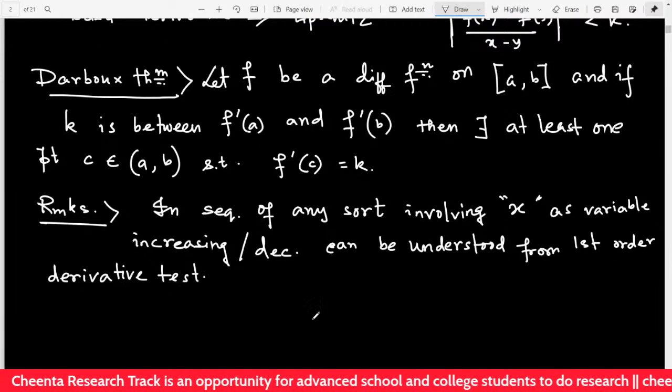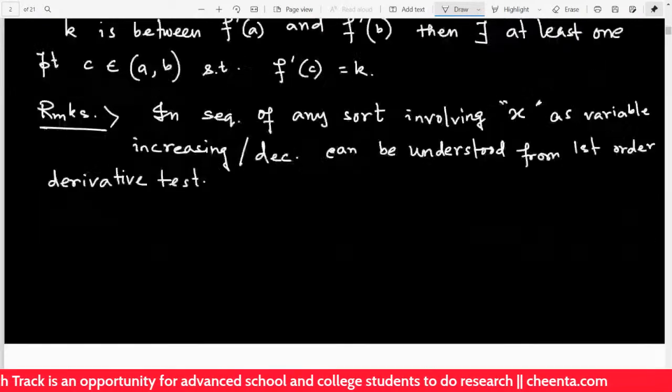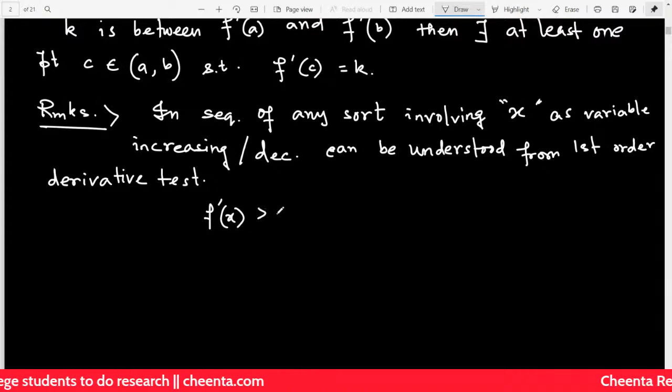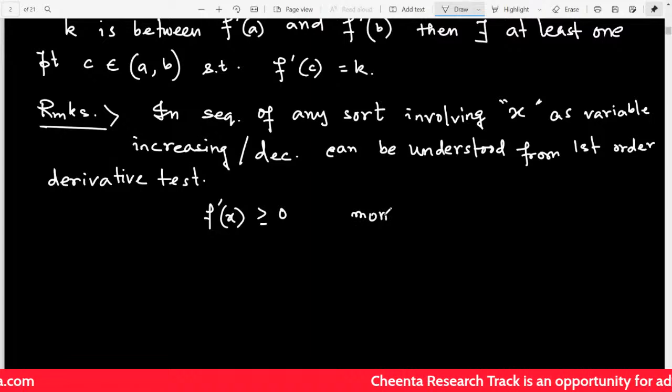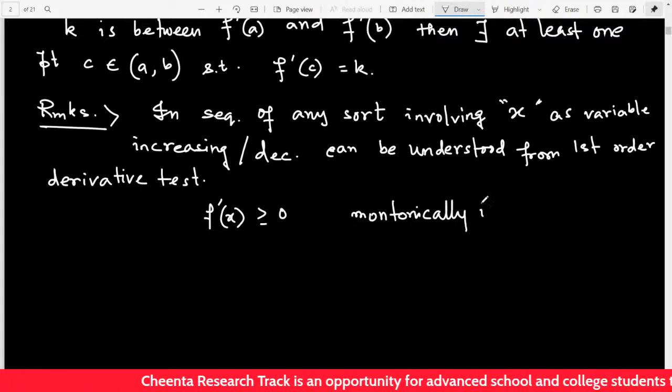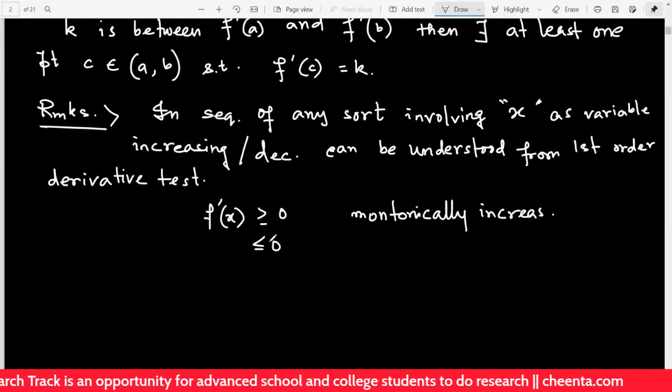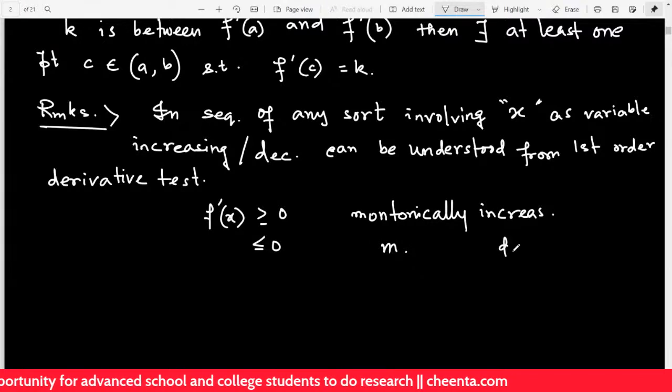Why is this a remark? The fact is, if it is differentiable, then f prime of x greater than or equal to 0 implies monotonically increasing, and less than or equal to 0 implies monotonically decreasing.